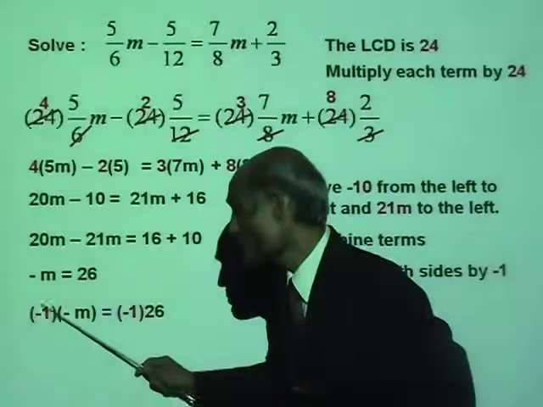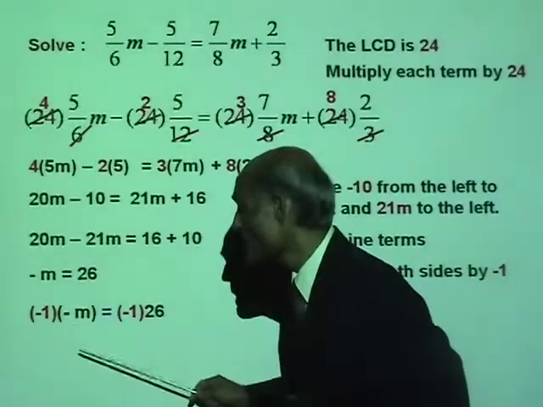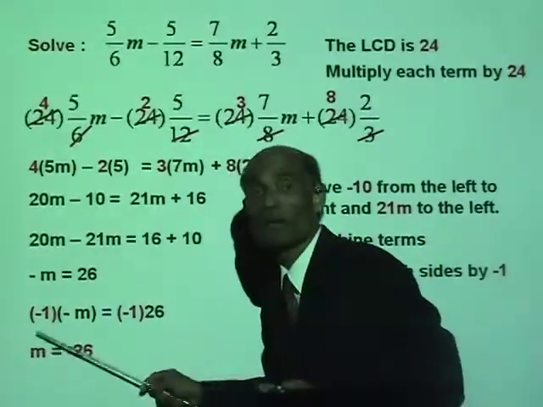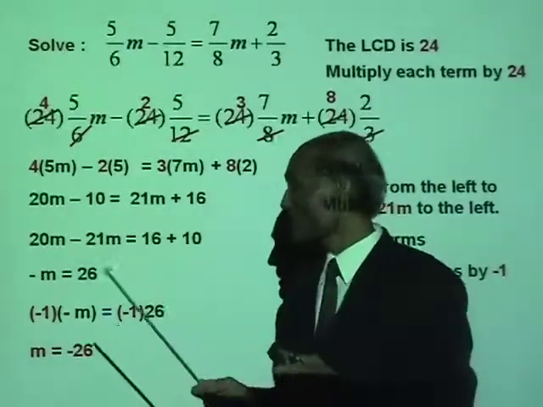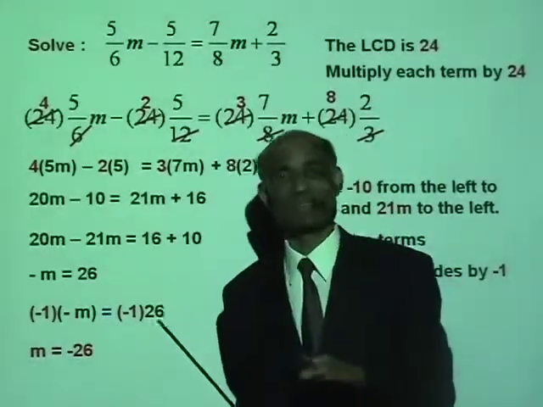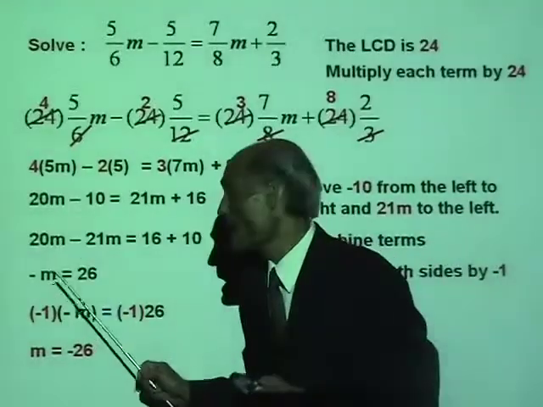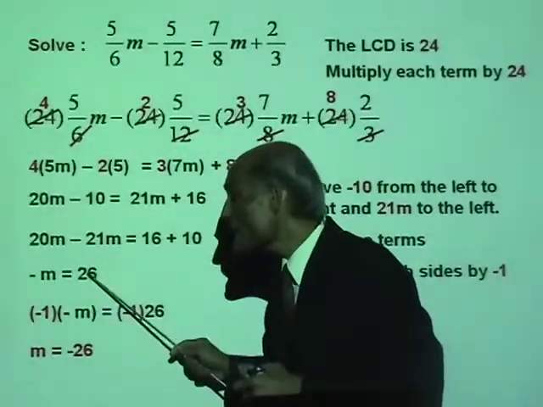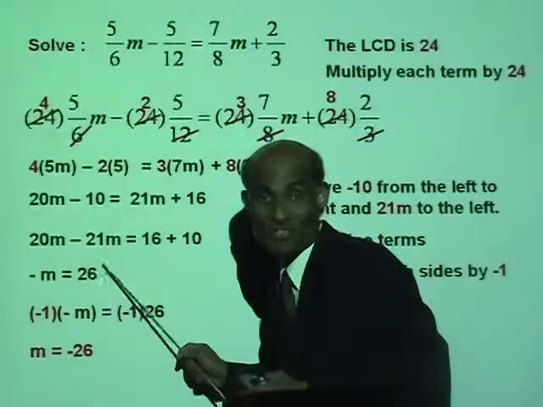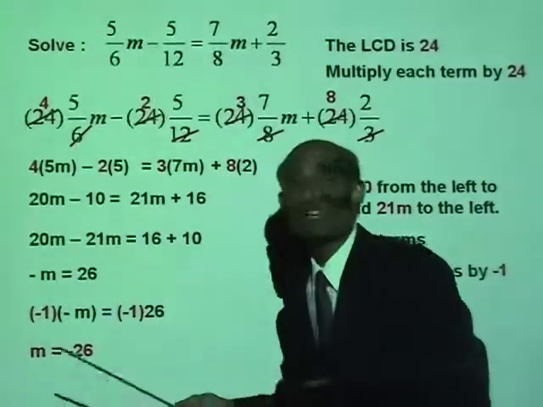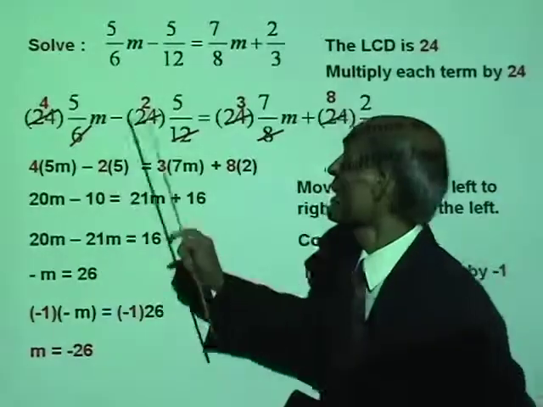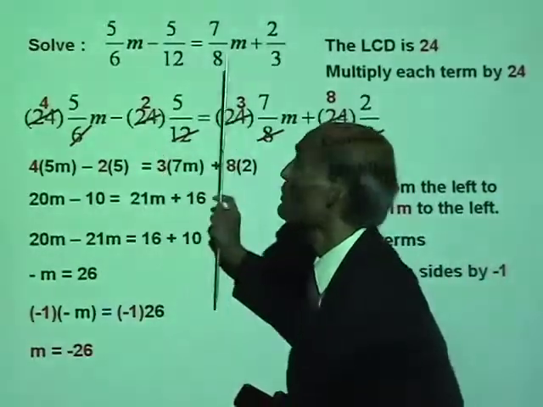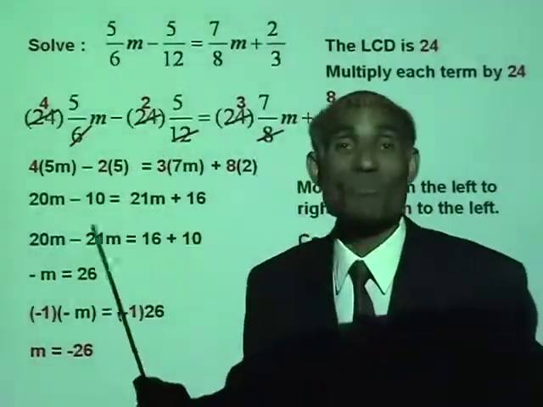Now a negative 1 times a negative m is a positive m, and a negative 1 times 26 is negative 26. You should know by now, if negative m equals positive 26, then m must be equal to negative 26. Okay?